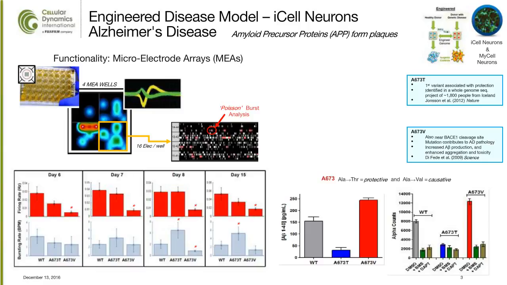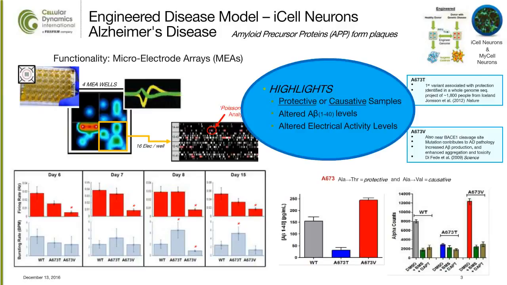With that said, the causative condition is considerably lower in mean firing rate across the board and across all days in culture. The bursting rate on the bottom, we see at day 8 and day 15 that the protective condition actually causes an increase in the Poisson bursting parameters, whereas the causative is decreased compared to control.